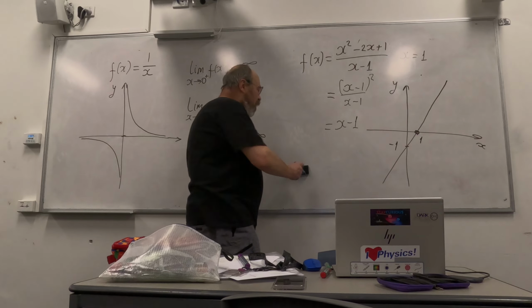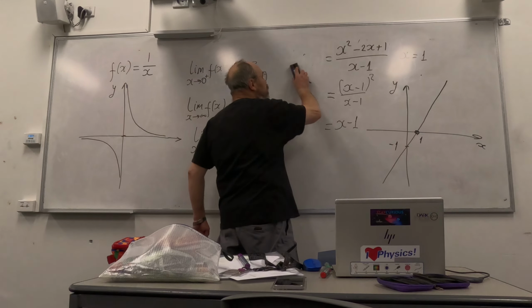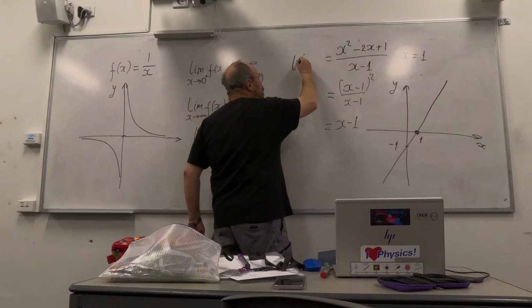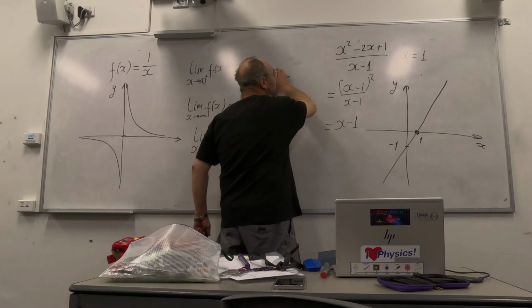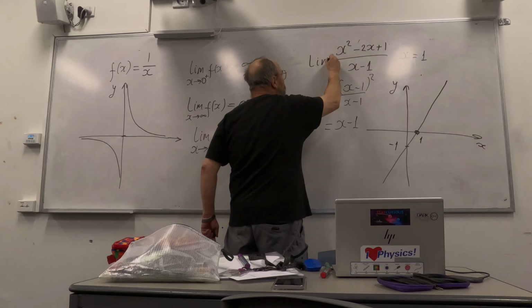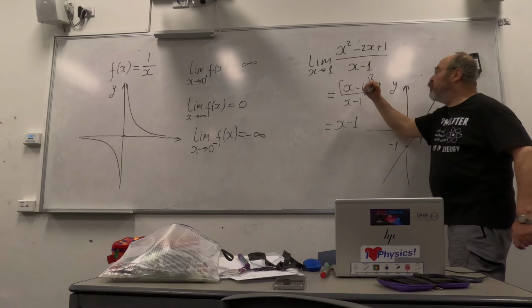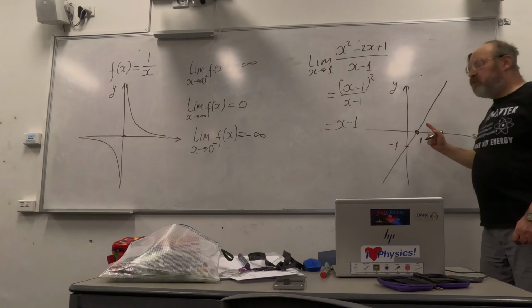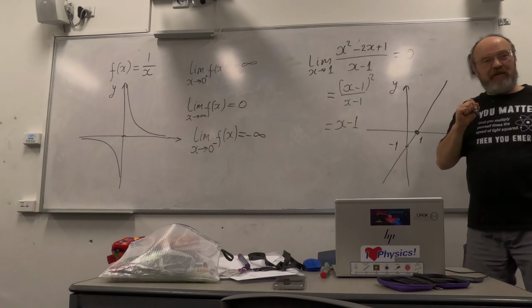Now, what will it be if I put the limit of this function as x approaches 1? If x is approaching 1, what does this function approach? 0. So the limit exists.